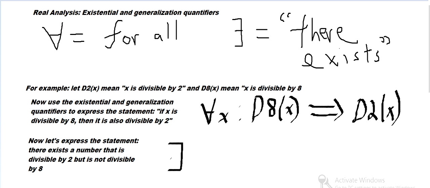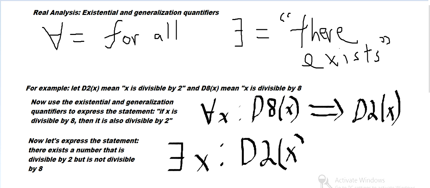So there exists x, some number x, such that, we can write this with a colon, such that x is divisible by 2, but x is not divisible by 8.